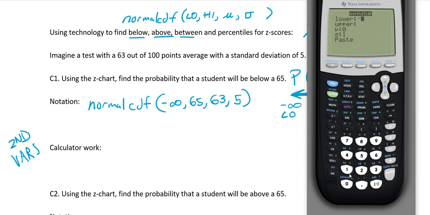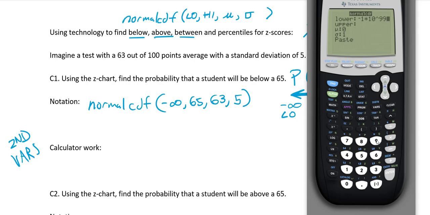You would type in -1, and then you would type in times 10 raised to the 99th power. Now what we have done is we have given this calculator an insanely negative number. This is a number that has a -1 with 99 zeros after it.